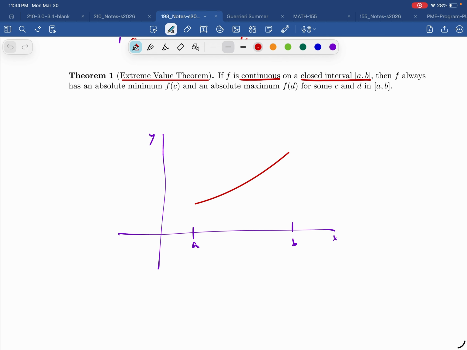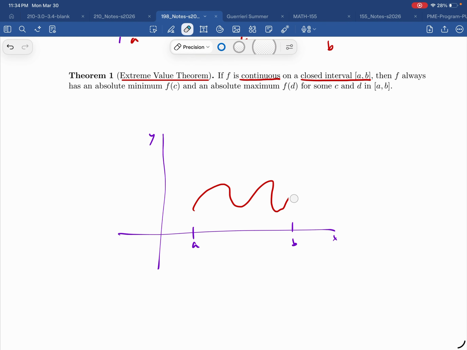Well, no, maybe I'll just make it like an actual function, right? Something like that. No matter what, it's got an absolute max, there's our C, and it's got our absolute min, right?